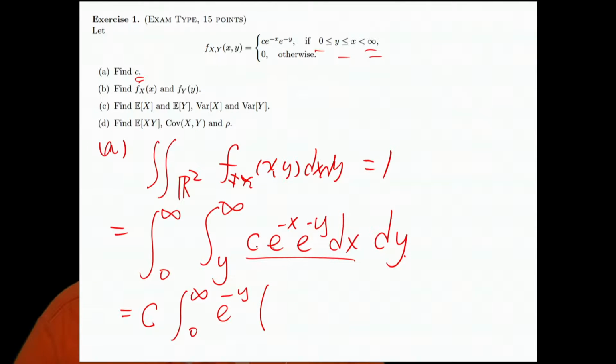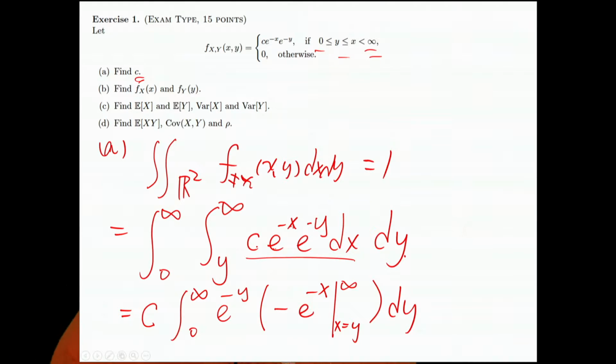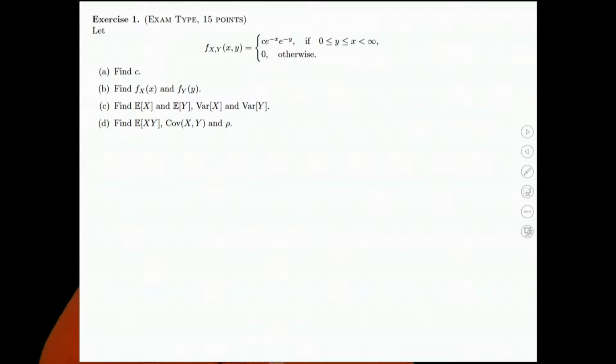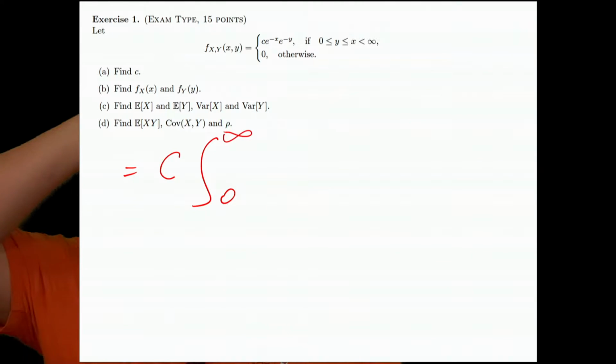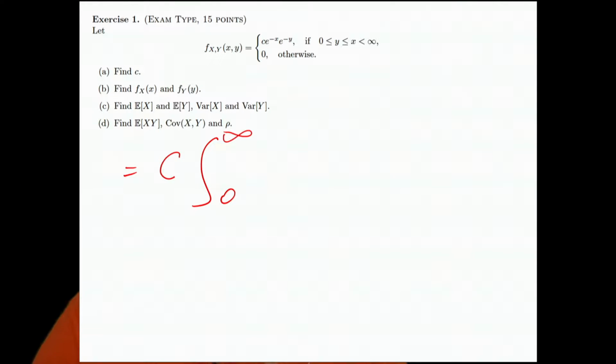And if I take the integration of x, here is minus exponential to the minus x, and x is from y to infinity, dy. Then I have c, and then take the second integration for y from 0 to infinity.